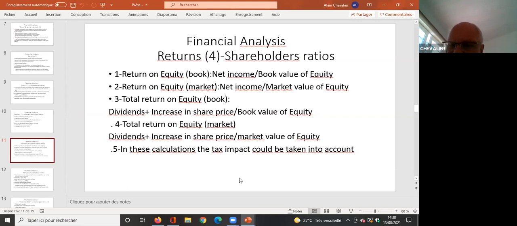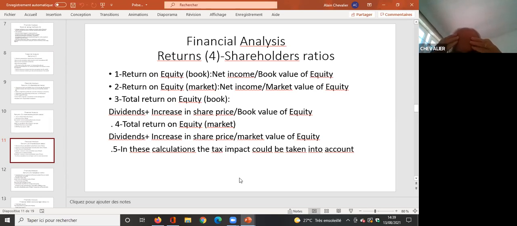But in some cases, it's not an important question to choose the book value or the market value, because the market value to book value ratio is close to 1. But in some other cases, when it is 0.4 or when it is 3 or 4, of course, this choice has consequences.